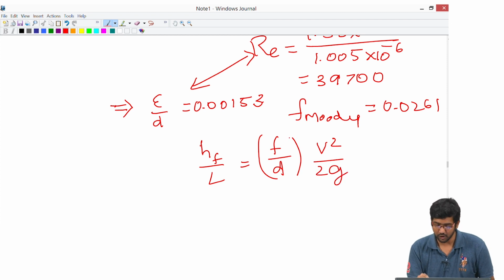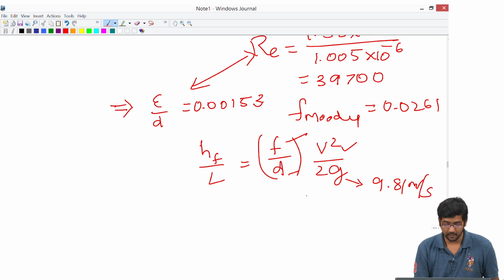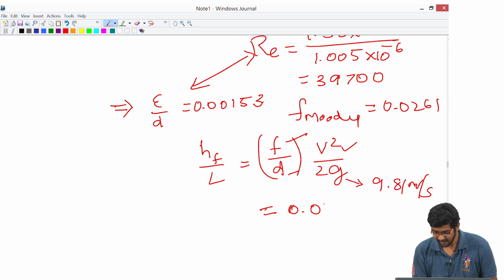We have the information of f, D, and we know velocity and we know the gravitational constant 9.81 meter per second square. Substituting all this, we can get Hf by L as 0.0785.